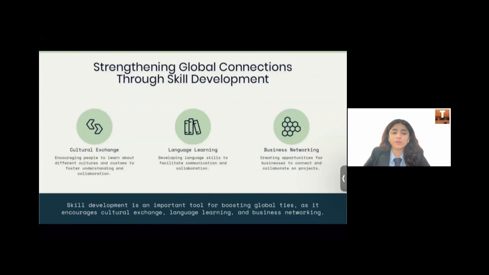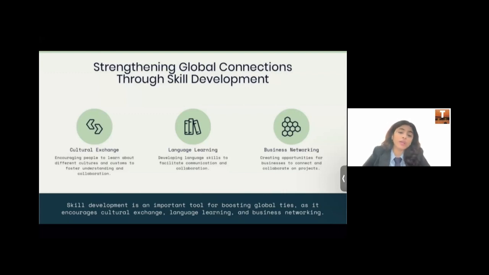And with this comes digital literacy also, because in the digital age, skill development programs which focus on digital literacy and technology skills are very essential for global connections. And digital literacy also empowers individuals to engage in the digital economy and tap into global opportunities.